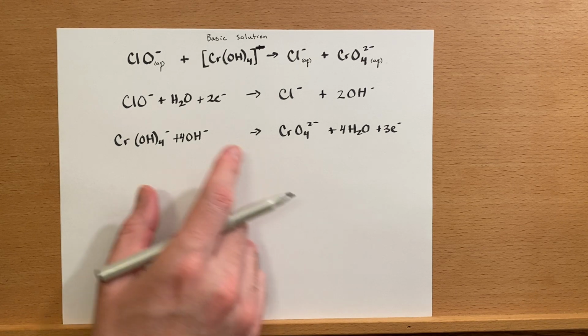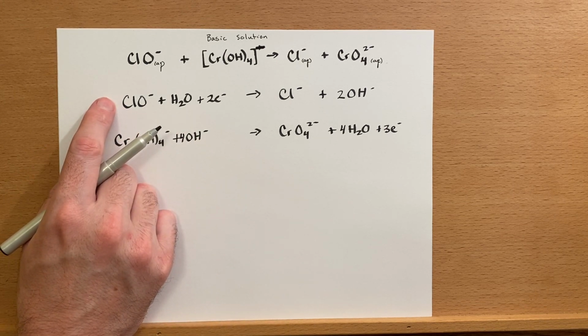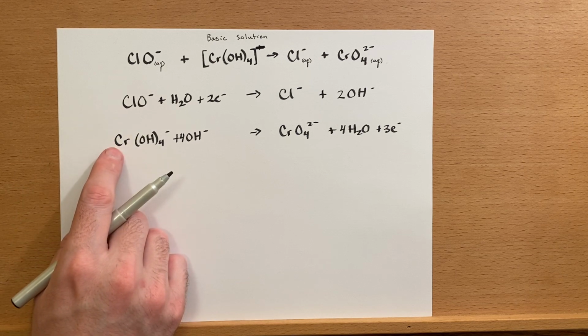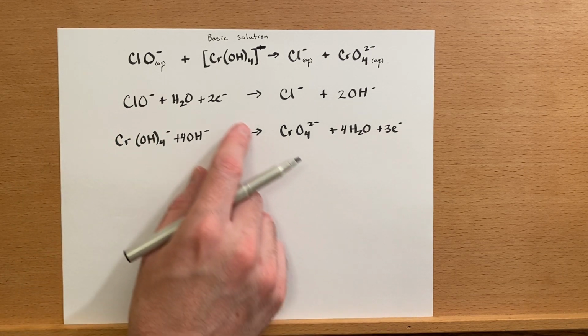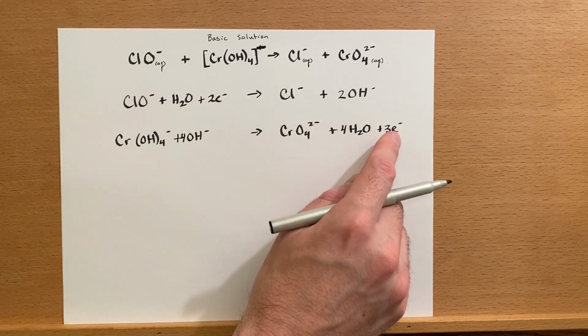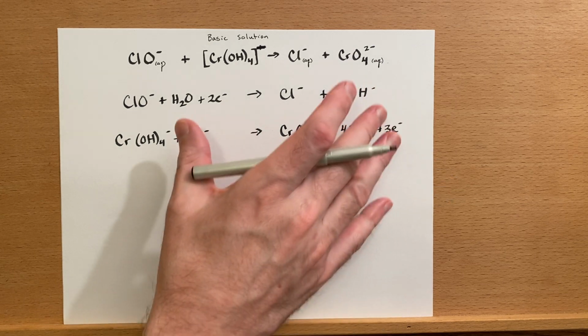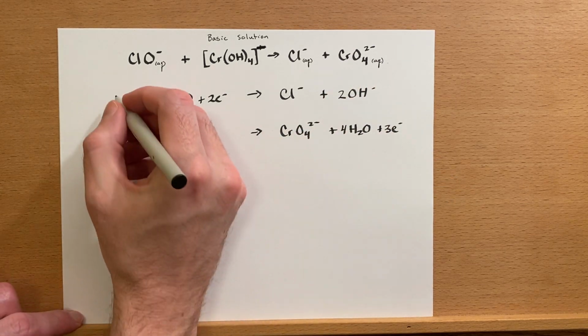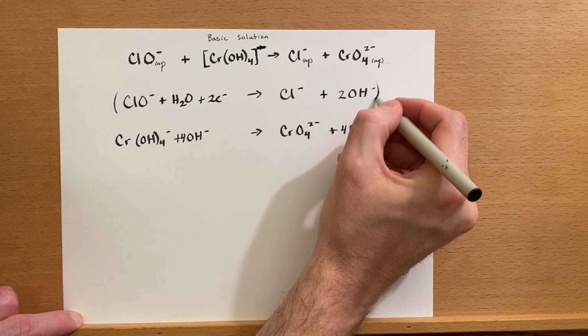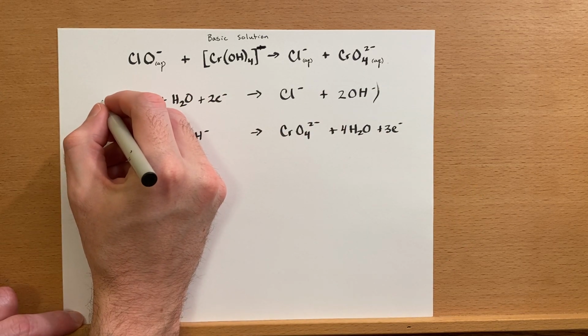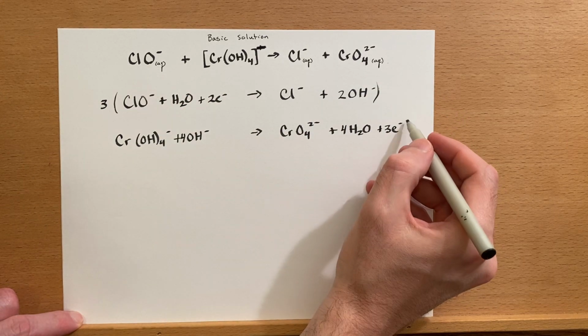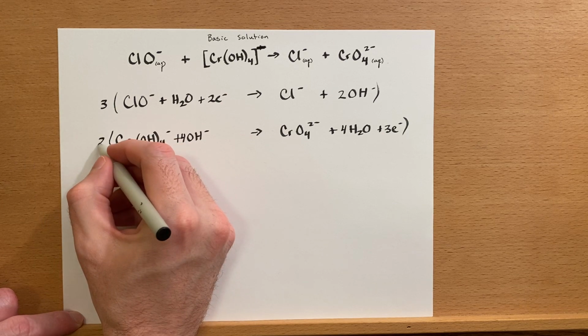So we'll need to multiply this first equation, everything by 3, and this next equation, everything by 2. That will give us 6 electrons on there to cancel, and then we can add that up. So let's do that really quick. So this times 3, and everything in here times 2.